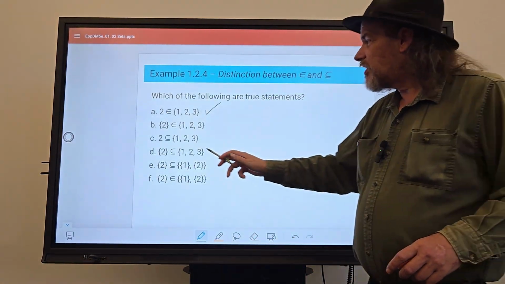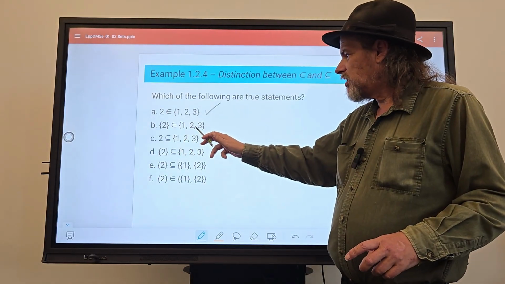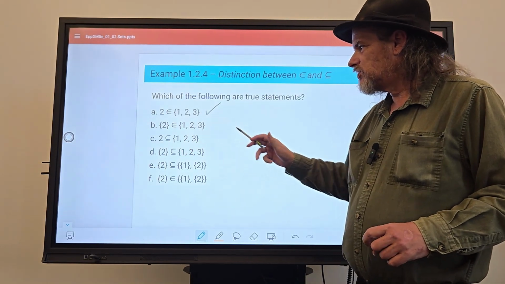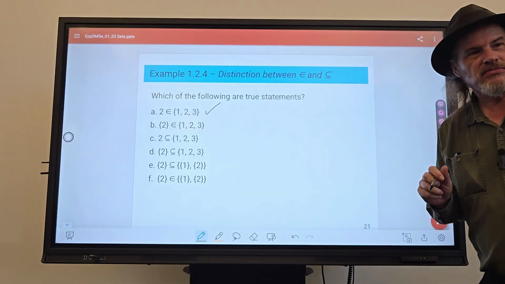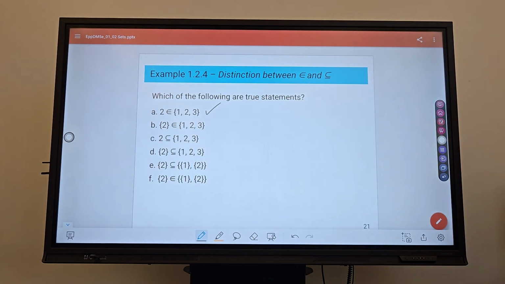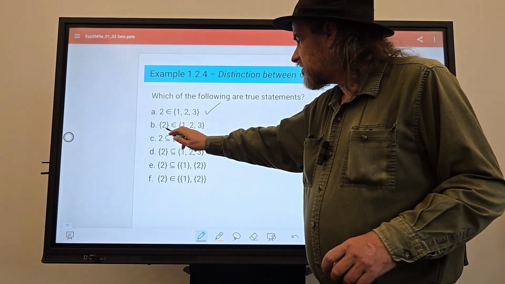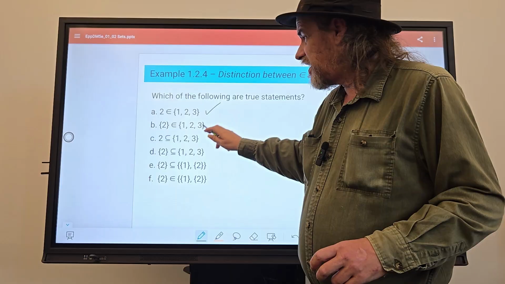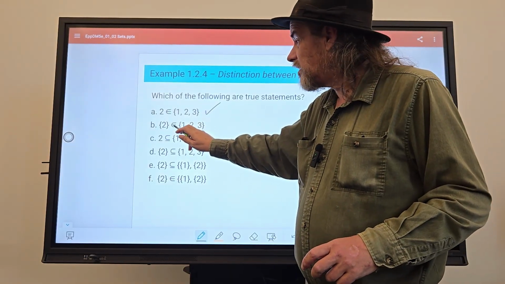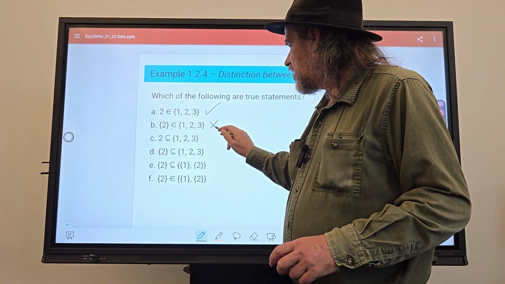Is the set {2} an element of the set {1, 2, 3}? No, because that's a set. This set does not contain a set. This is an element.